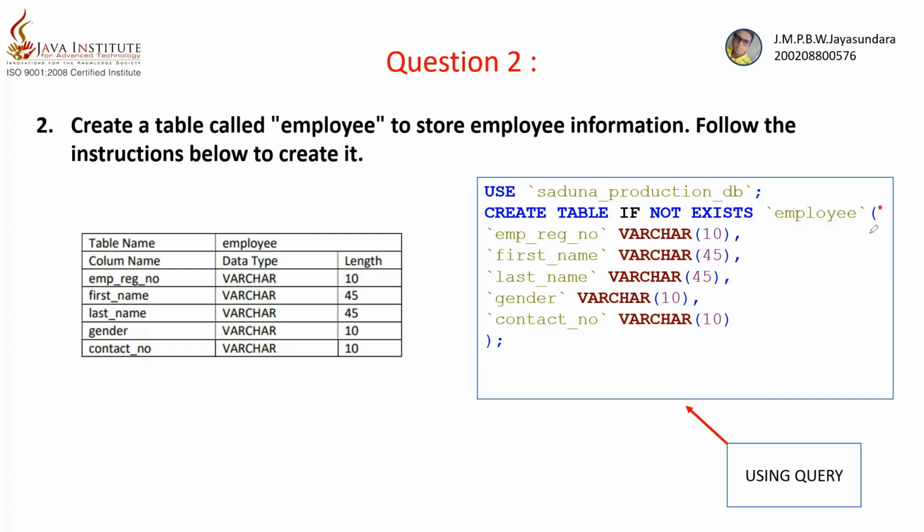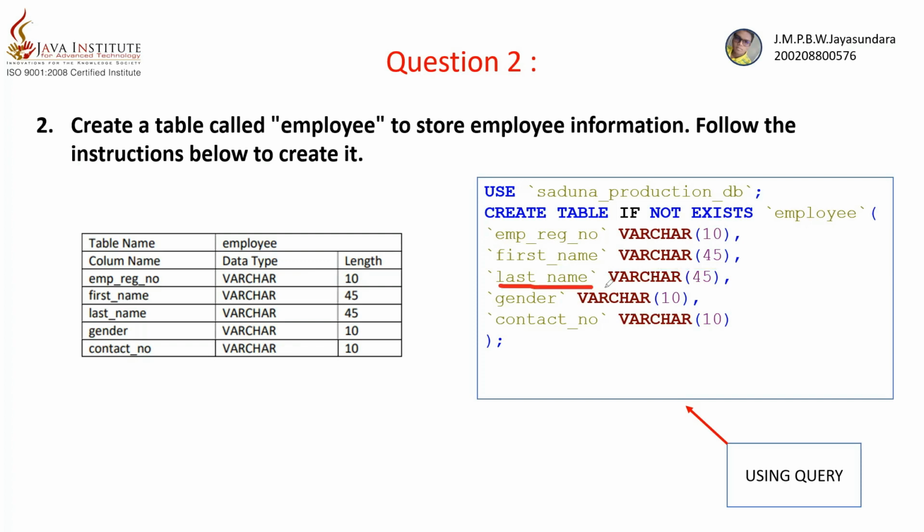Then within the opening and closing brackets, here we have given our column names and data types. First column is employee registered number, and the data type is varchar, and the length is 10. And then here first name column varchar also 45.